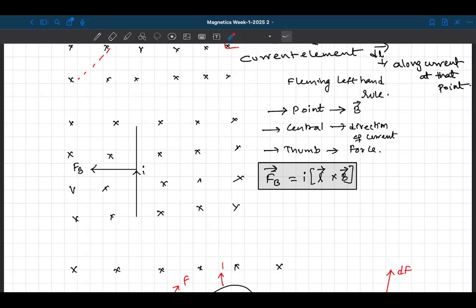So very clearly, FB is given as I L bar cross B bar.